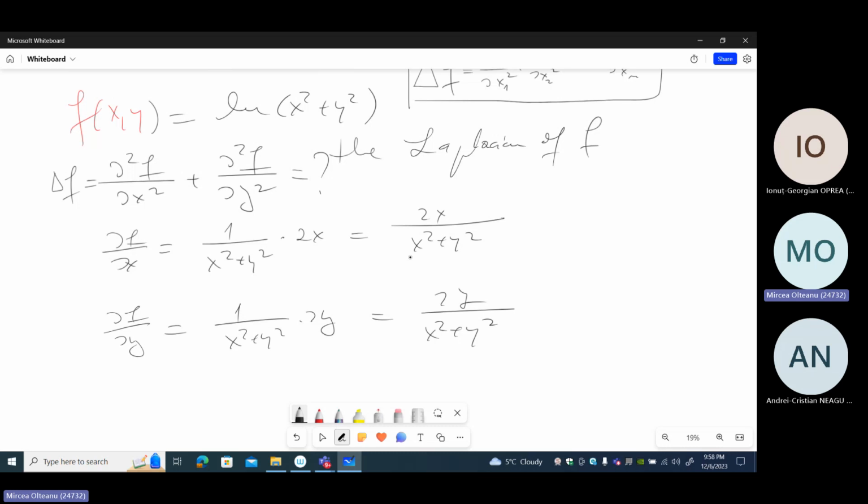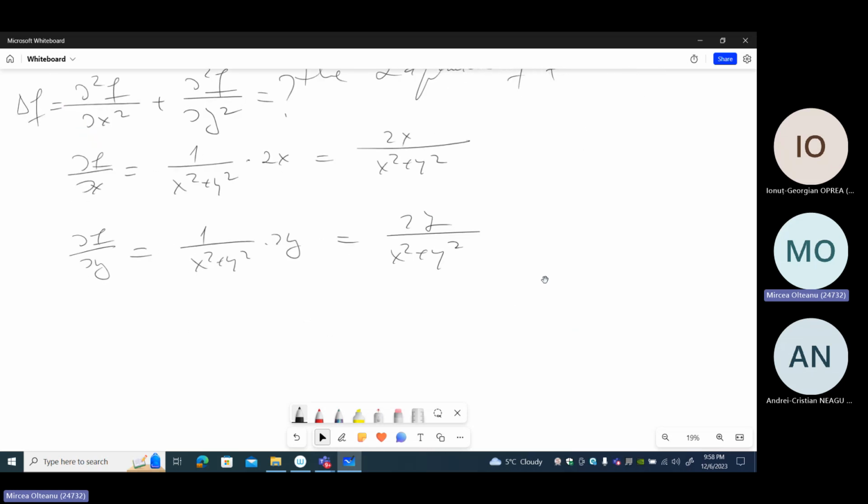The partial derivative with respect to x is 2x over x squared plus y squared, while that with respect to y is 2y over x squared plus y squared. There is a sort of symmetry here because the function itself had some symmetry: if you replace x by y and y by x, you get the same function. Now let's compute the second order not mixed partial derivatives, because for the Laplacian we don't need the mixed ones. We can compute the mixed too, but that is not our goal.